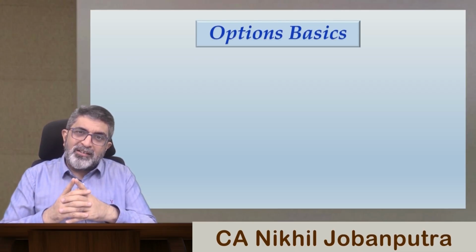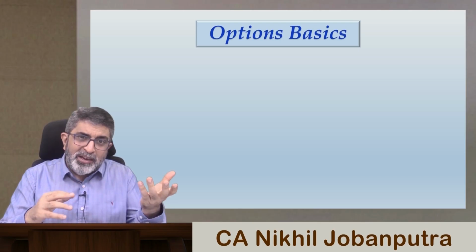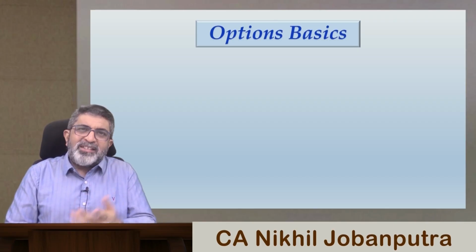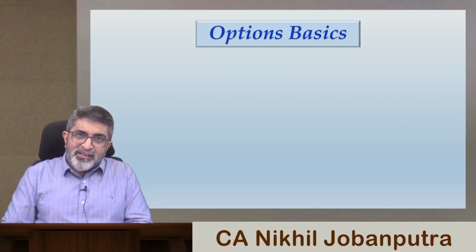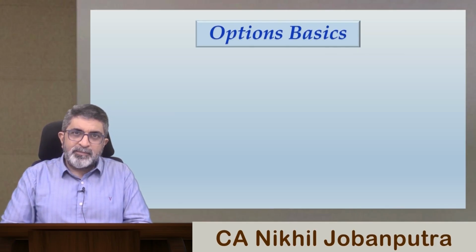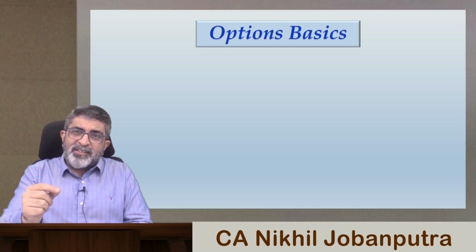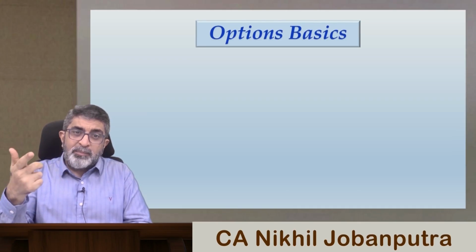Options on the other side give you a very good advantage, that you participate in gains and do not participate in loss. For example, if I make you play a game of dice, where you buy a ticket of rupees 10, you roll a dice, and if the dice shows 5 on its face, you win the game.